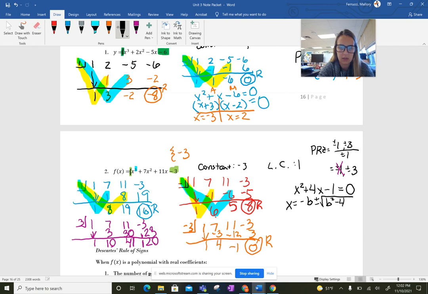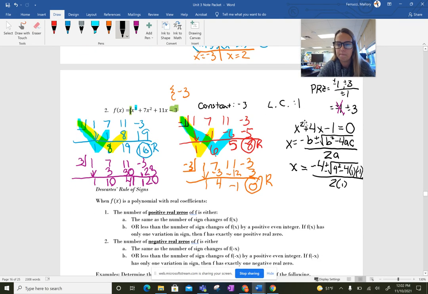So x equals -b plus or minus the square root of b squared minus 4ac all over 2a. Okay, so we're going to plug and chug. -4 plus or minus the square root of 4 squared minus 4 times 1 times -1, all over 2 times 1.